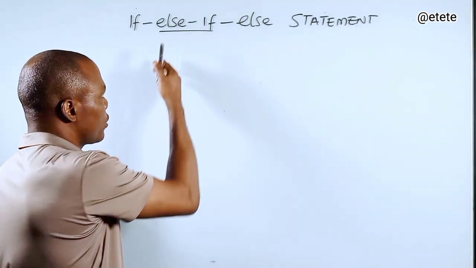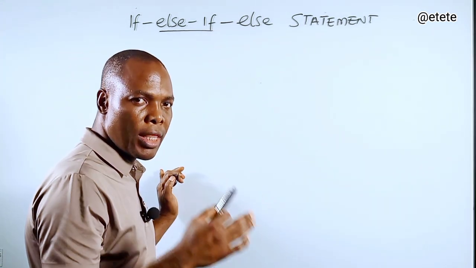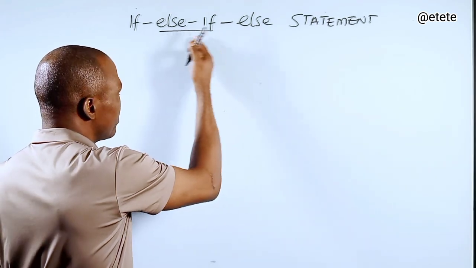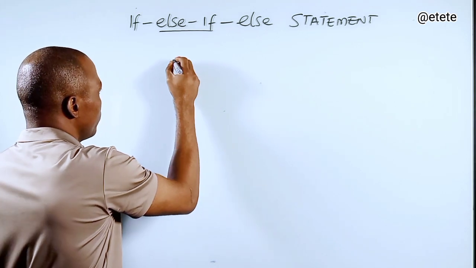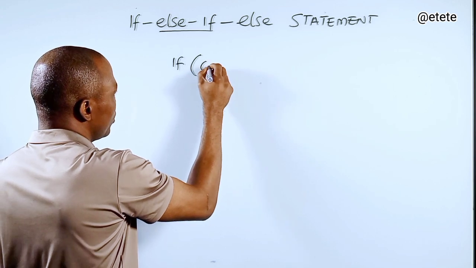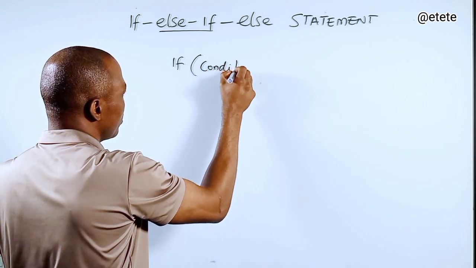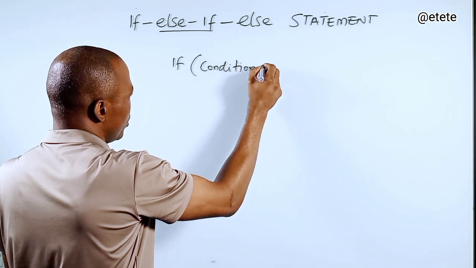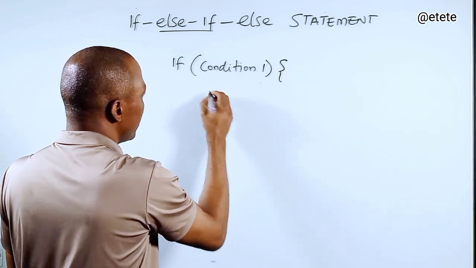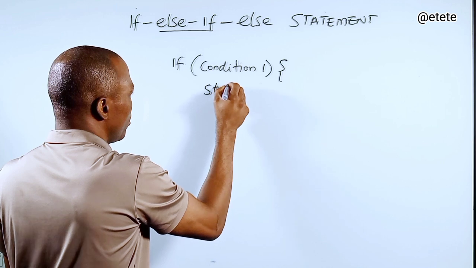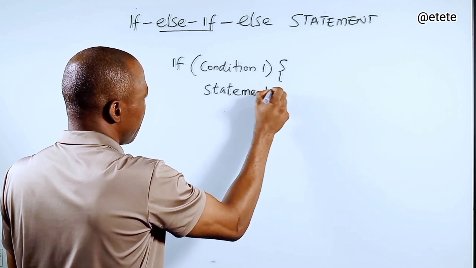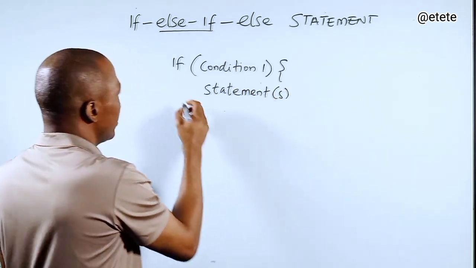So, first, before I write this, let me show you the syntax of this statement. Now, the if else if statement: you will write if, then condition one or Boolean expression. Now, if this condition is true, go in and carry out this code block, say statement, and then you close it.